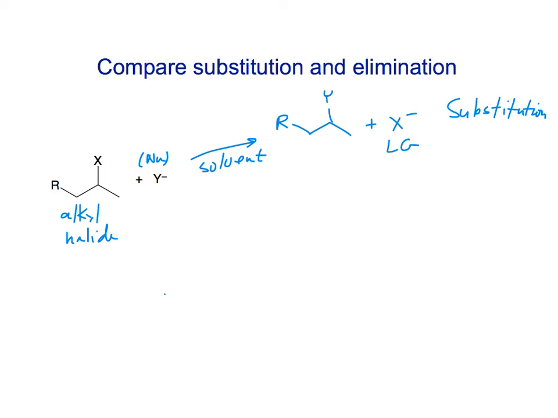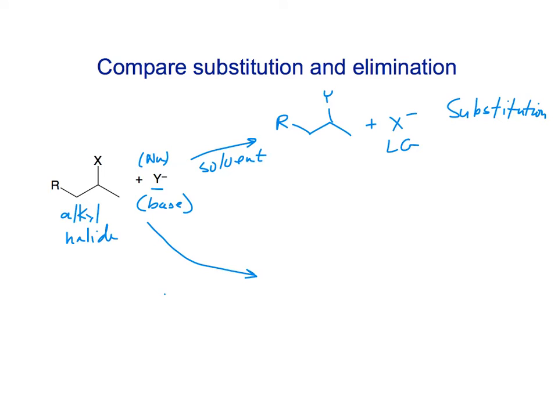We're now going to talk about elimination reactions, and these are reactions that include all of the same components. The only difference is that this Y group here that played the role of a nucleophile in a substitution reaction is going to play the role of a base.